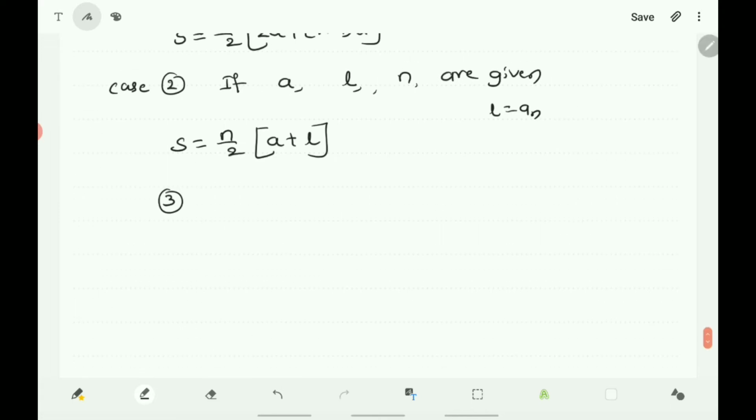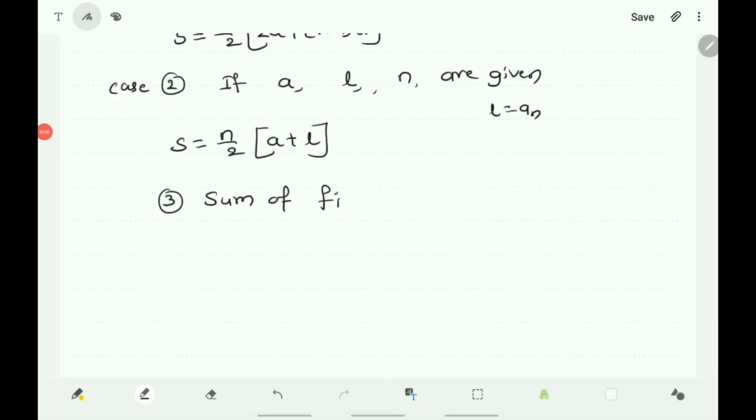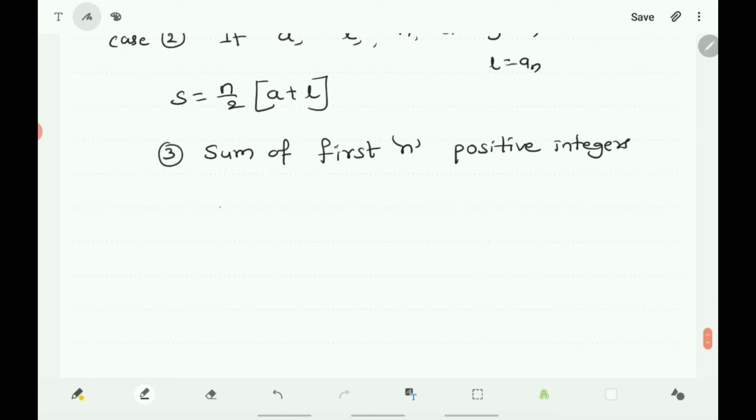Third formula: Sn equals n into n plus 1 by 2.